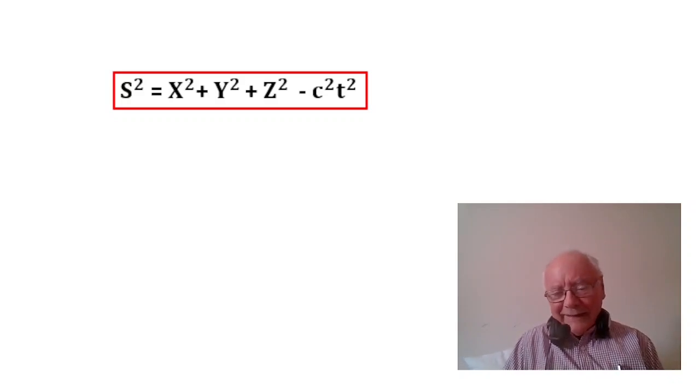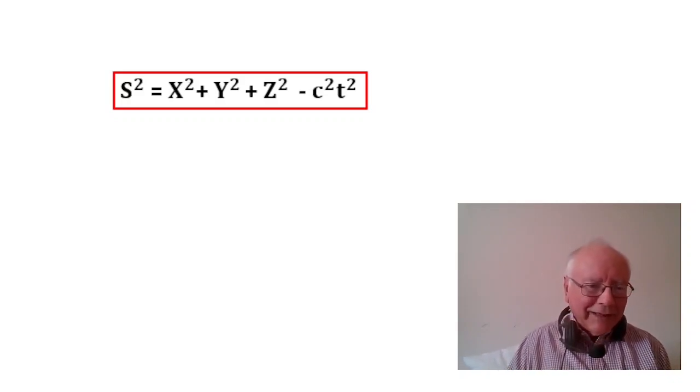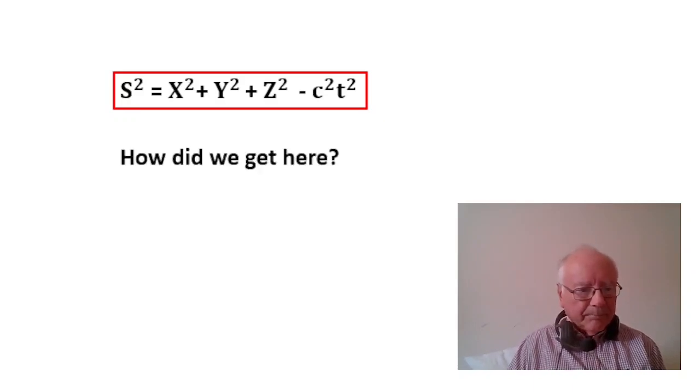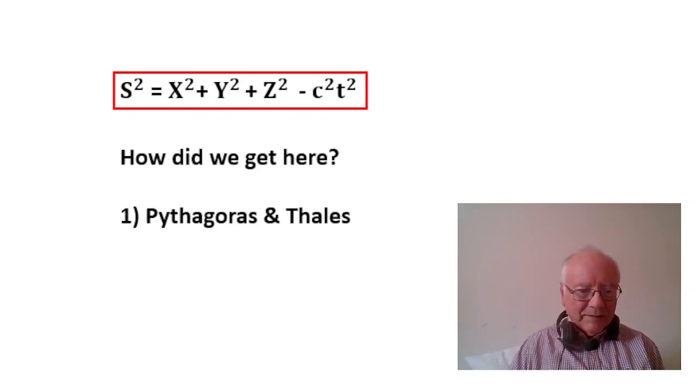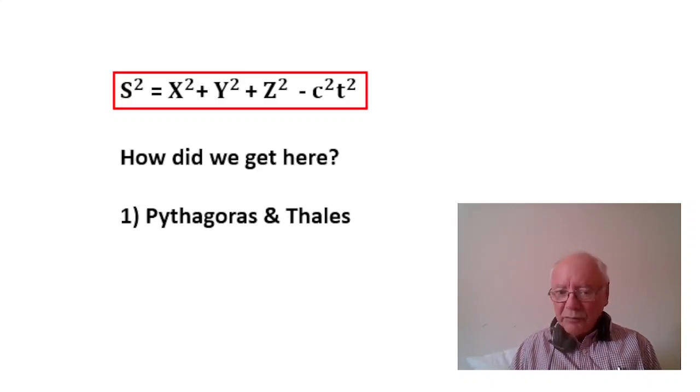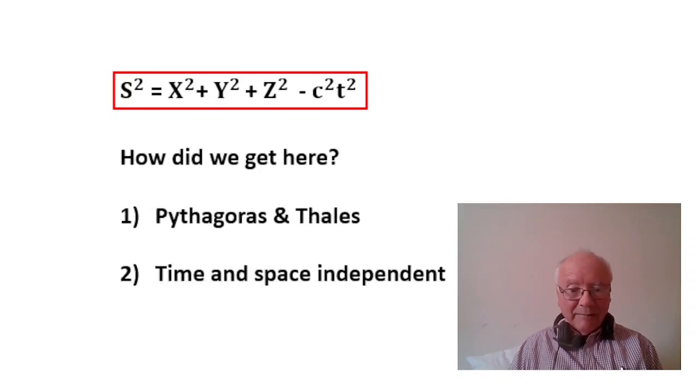So how did we get here? Just to reiterate, we got here in the following way. First of all, we started with Pythagoras and Thales, and that gave us the different coordinate systems. We can work out s squared, the separation between 2 points in space and time. And we had to have time and space independent.